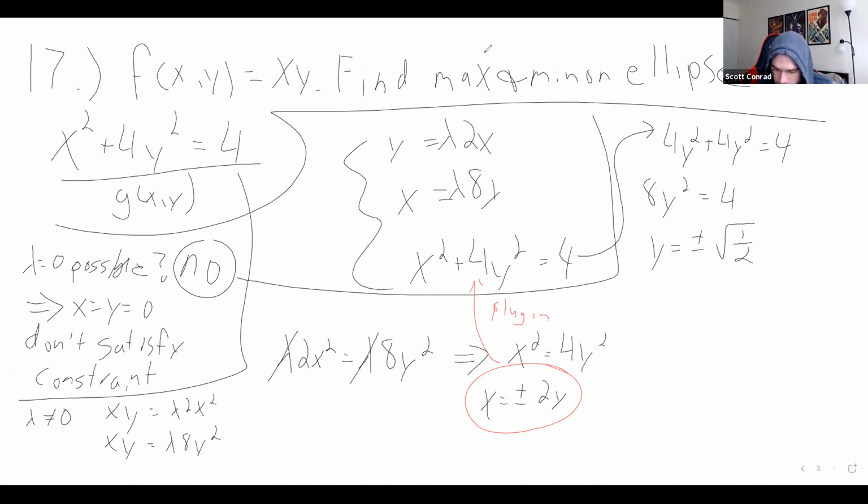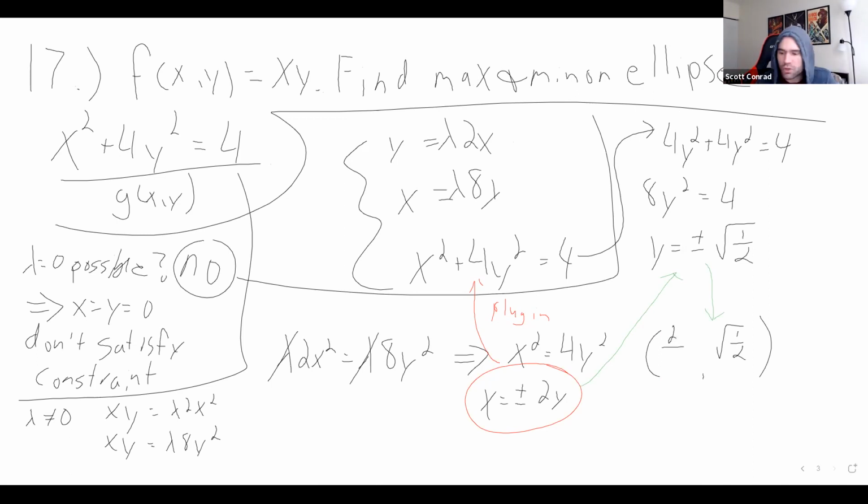And so then using the relationship we know between x and y, namely that x is equal to plus or minus 2y, we get, so square root 1/2, x can either be equal to positive 2 times that.